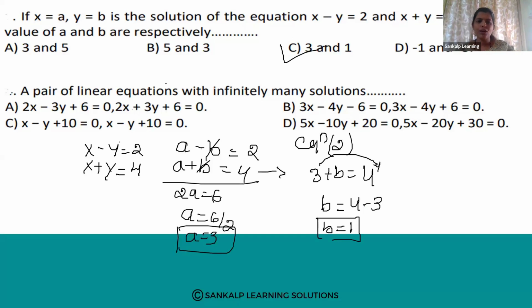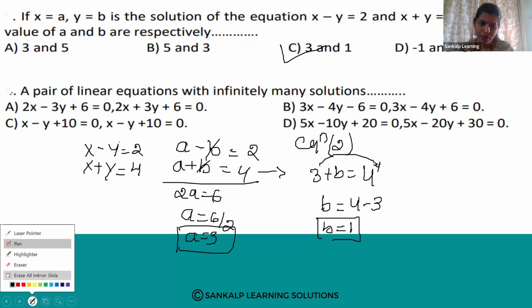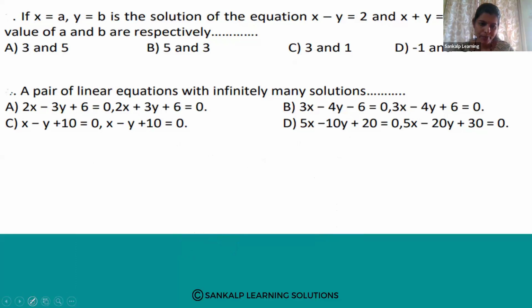Next. A pair of linear equations with infinitely many solutions. Yes, my dear children, when will you get infinitely many solutions? When two lines are coincident, at that time we will have infinitely many solutions.